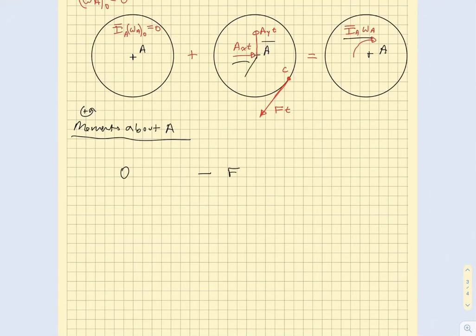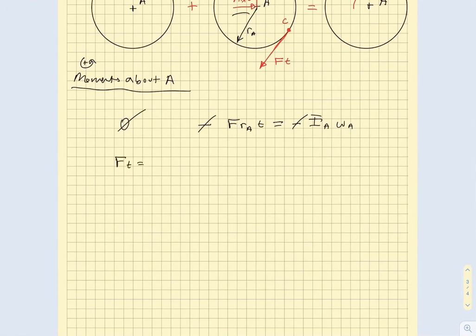And so if we go through this, we're saying counterclockwise is positive. Here we have nothing because there's no motion. Then the only moment being caused here is a negative, and we have to consider that it's the moment, which is the force multiplied by the distance, and remember the distance is RA, so it'd be RA multiplied by the time.